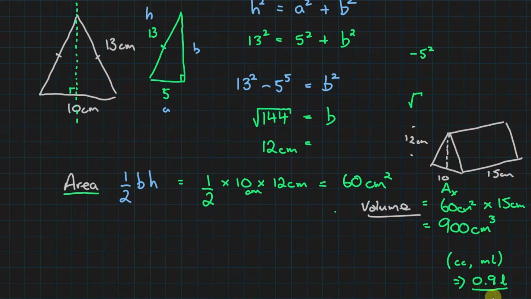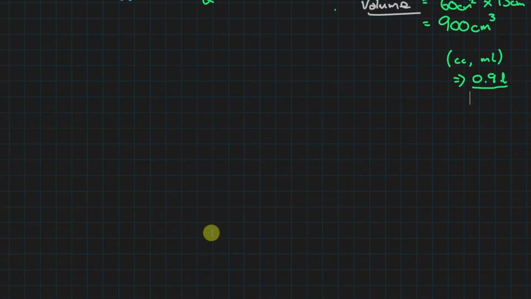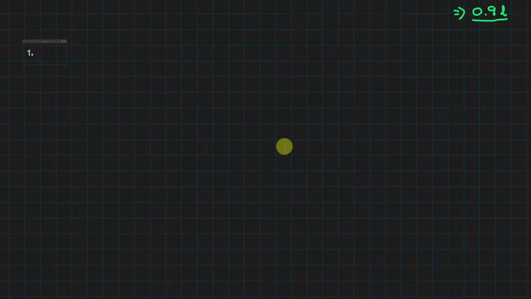So that's the first sort of thing you might get asked, what's the height of an isosceles triangle. I'll give you some other situations that they do and how Pythagoras works with them. So we'll go on to the first type of situation.